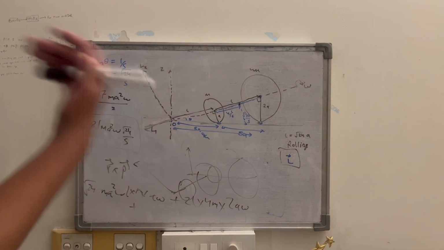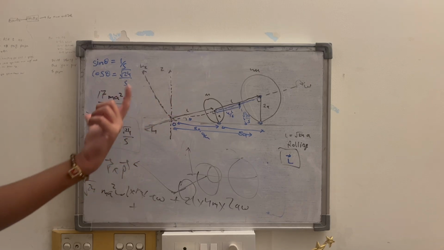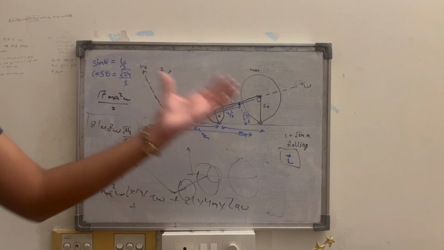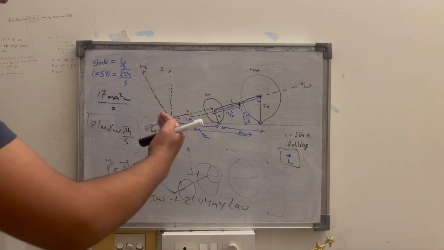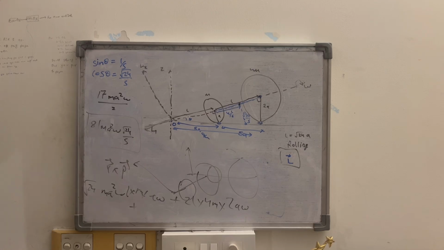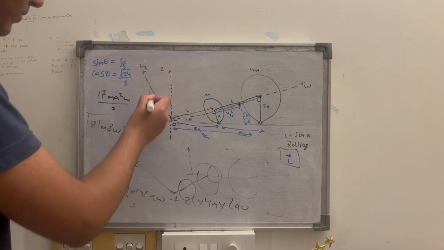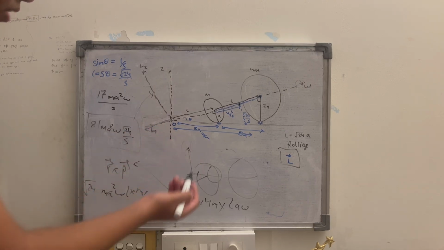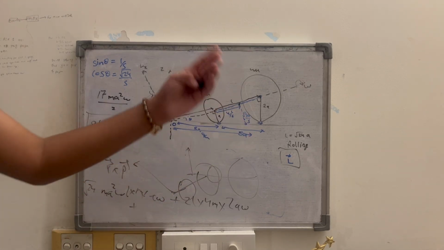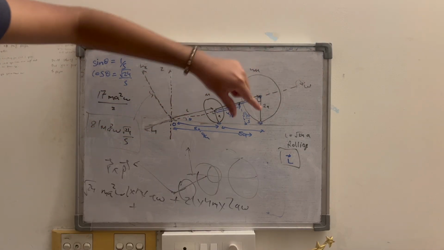But basically we took the center of mass, and about O its angular momentum came out to be this, and that's the angular momentum of the whole assembly. This component of the angular momentum of the whole assembly is 81 ma square omega into root 24 by 5. Now we are trying to find the value of this other component, because about the center of mass, what it sees is these two disks rotating.